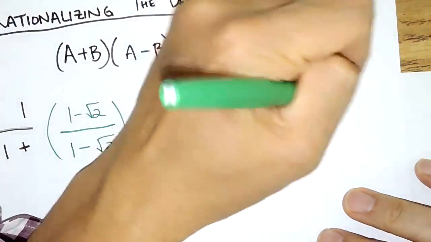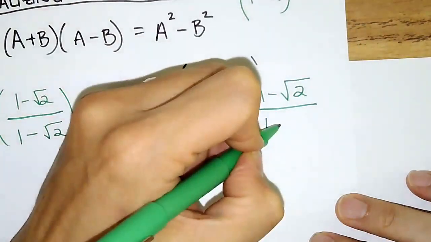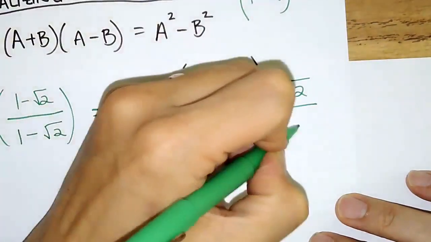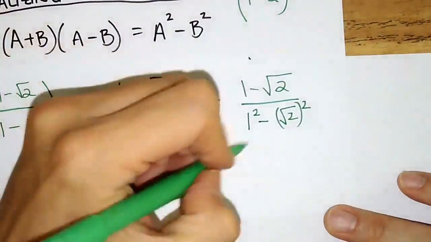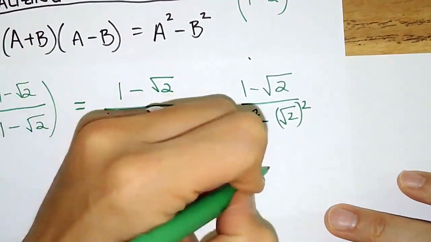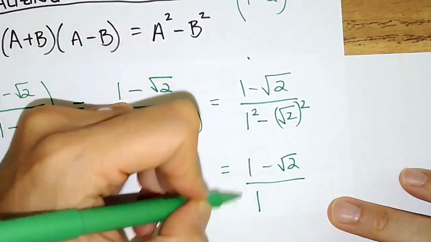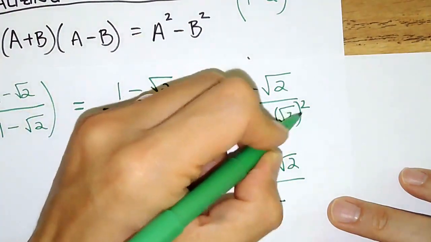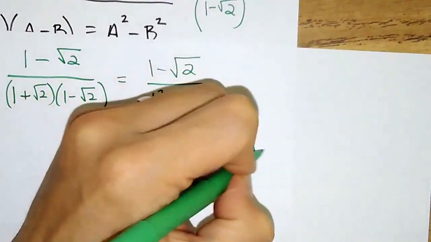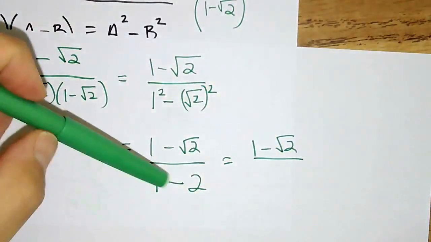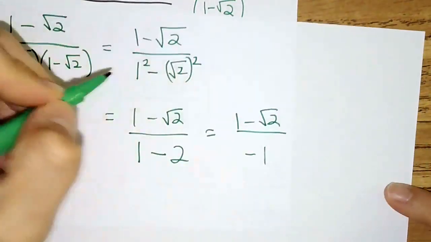So I'm going to rewrite my top. My bottom, I have 1 squared minus square root of 2 squared. So therefore I have 1 minus square root of 2 over 1 squared is 1, minus square root of 2 squared is 2. So I essentially have 1 minus 2, which is just negative 1.